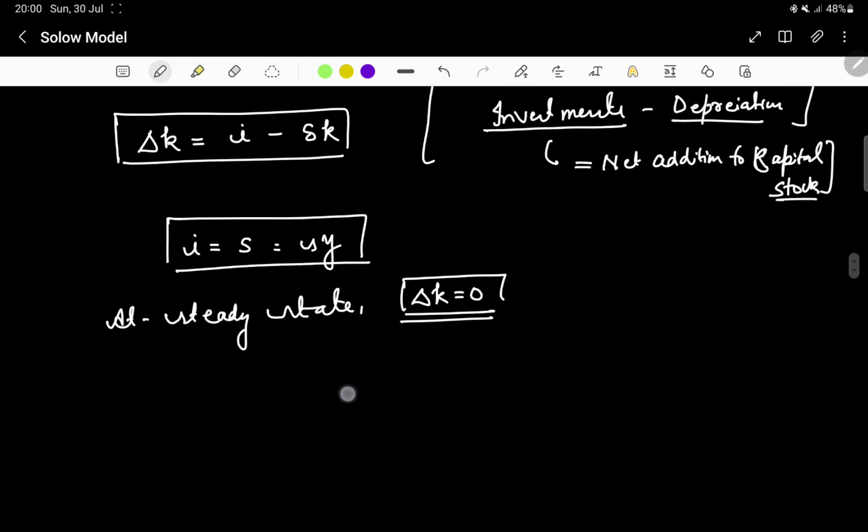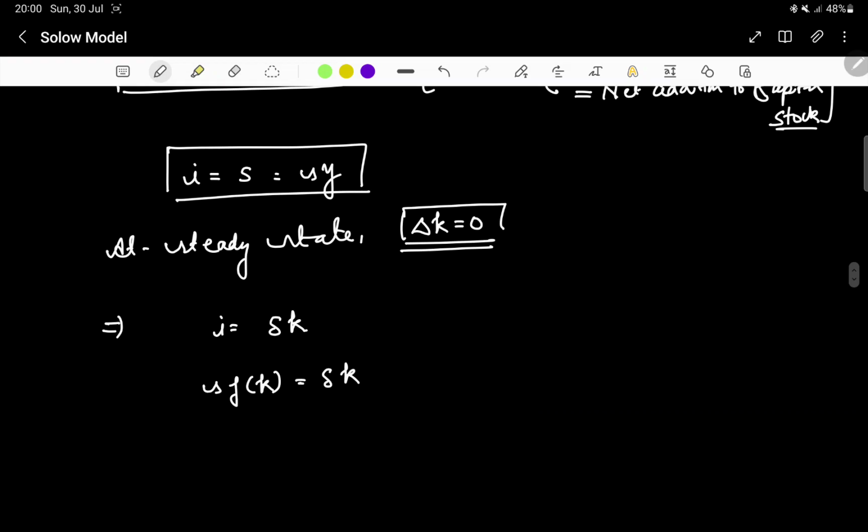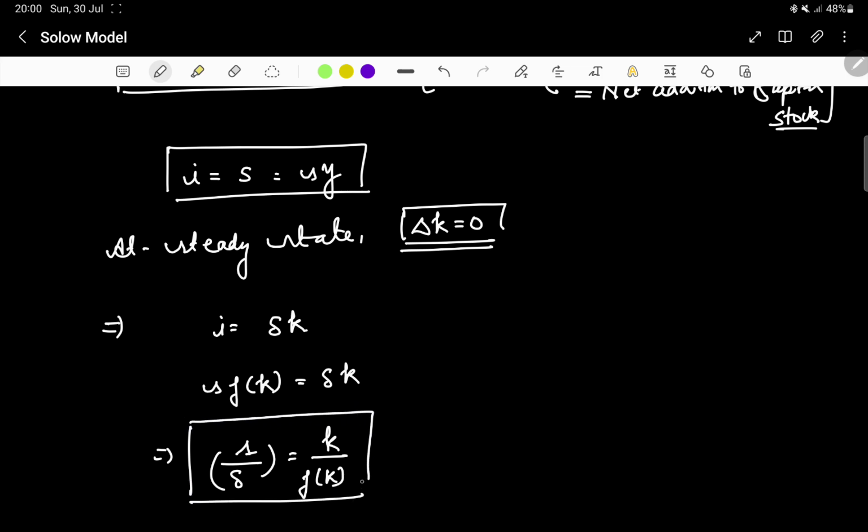So we can infer that I is equal to delta k, and I is equal to s f of k. Delta upon k, so we can do some rearrangement. Here we will get s upon delta is equal to k upon f of k, and this is the equation of steady state.